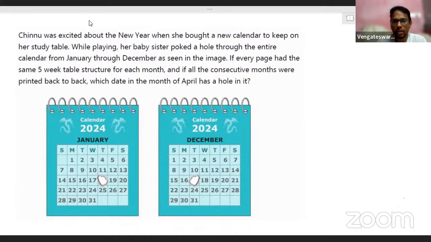I request you to understand the question very carefully, first of all. And please take the help of those pictures which are given below.